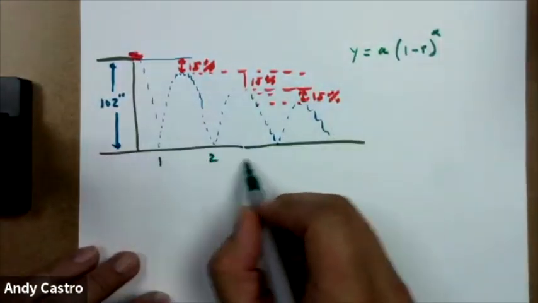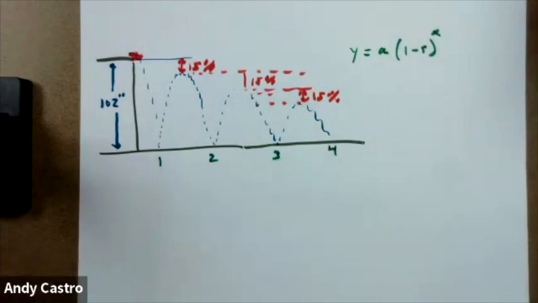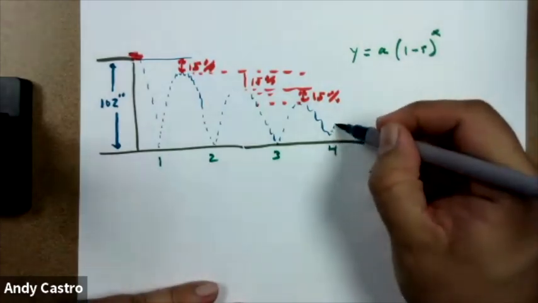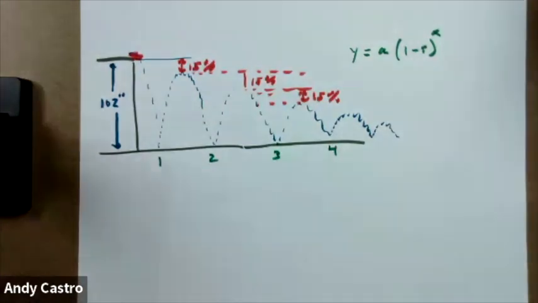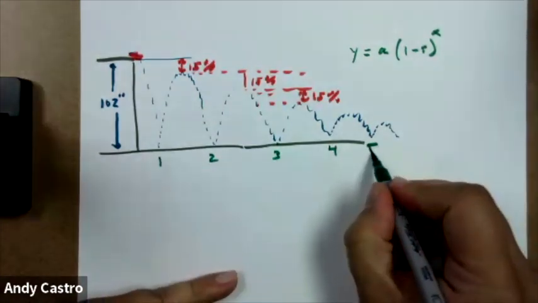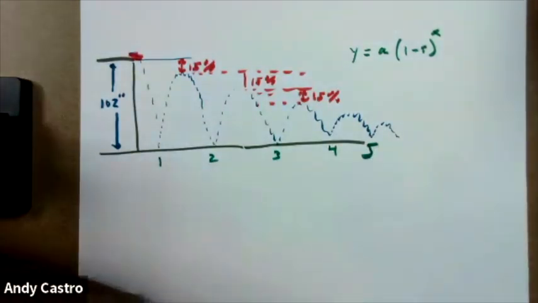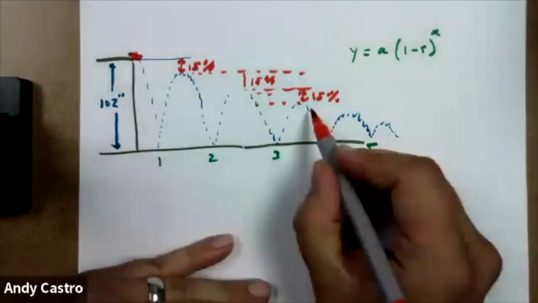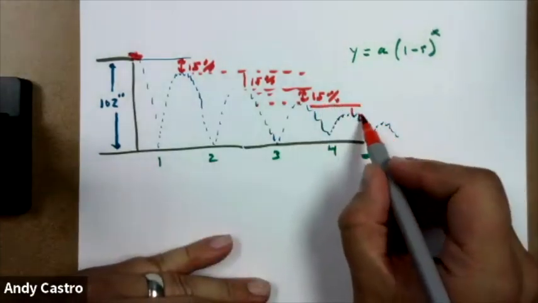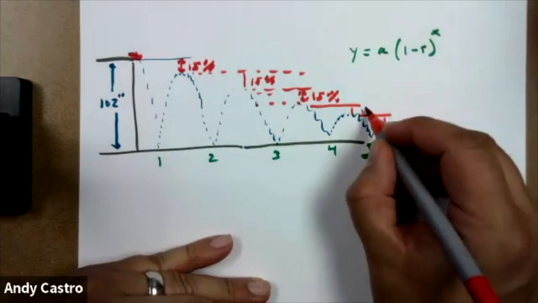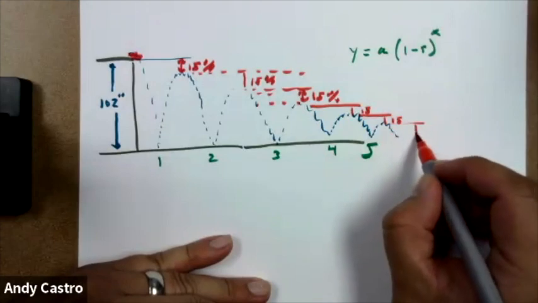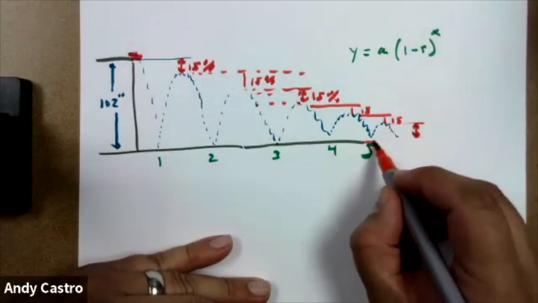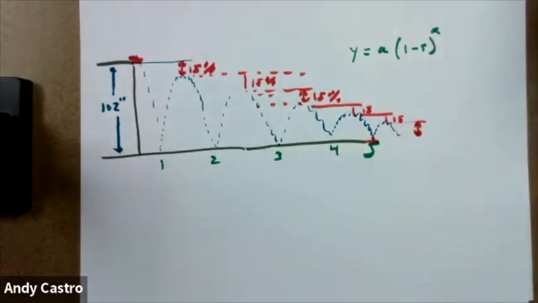So here's 1, 2, 3, 4. Let's draw this out. All right, so here is the fifth bounce, and then here, another 15% decay, another 15% decay. So essentially, what is this height after the fifth bounce?